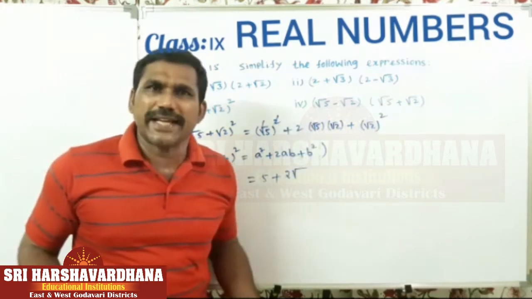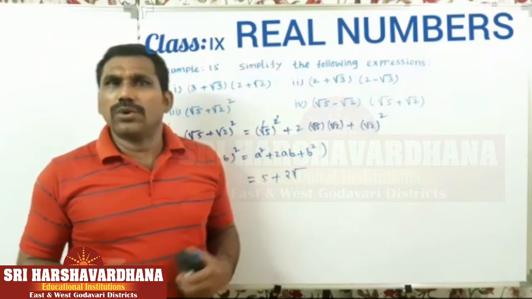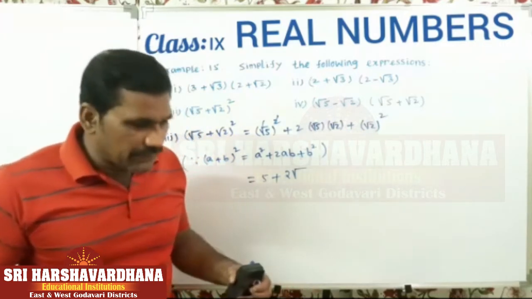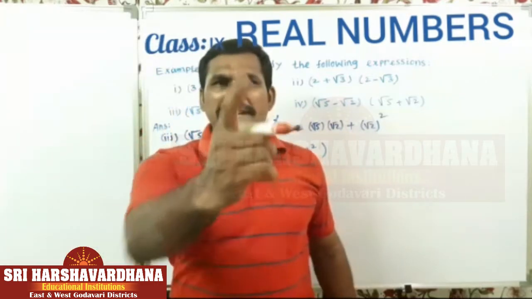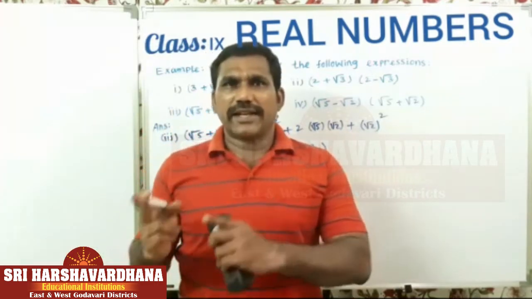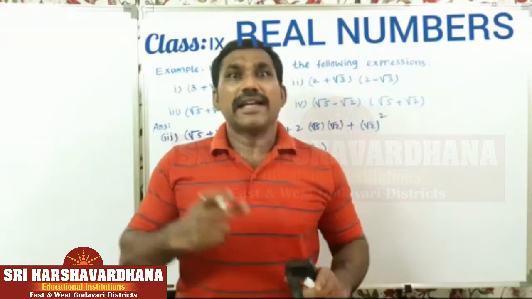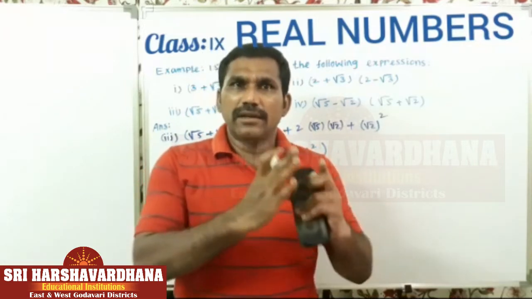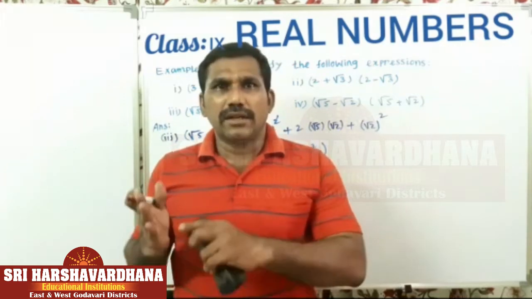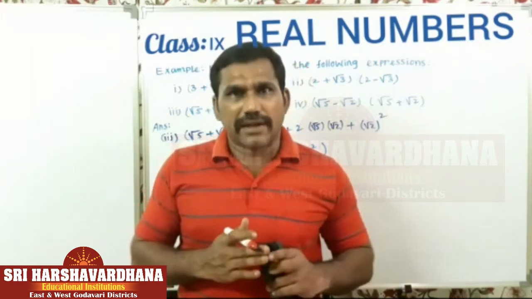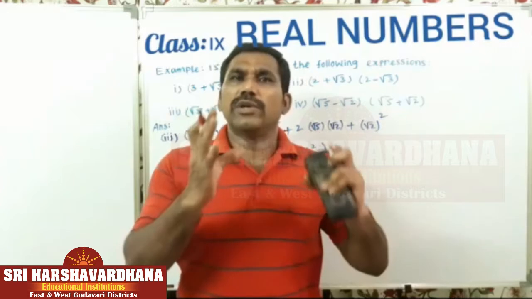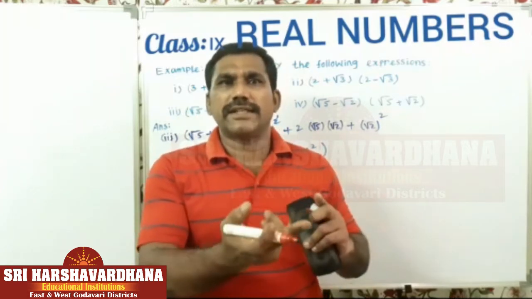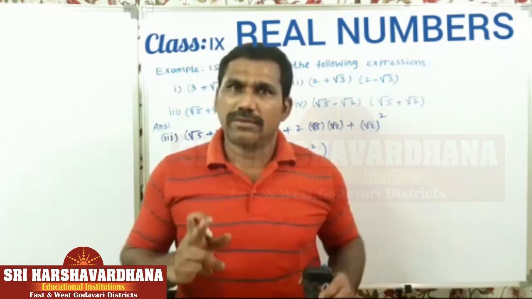Root 5 is an irrational number. Root 2 is also an irrational number. Remember, always you multiply rational with rational or irrational with irrational. Don't multiply rational with irrational or irrational with rational. Simply you keep them as rational number first and after that irrational number, right?